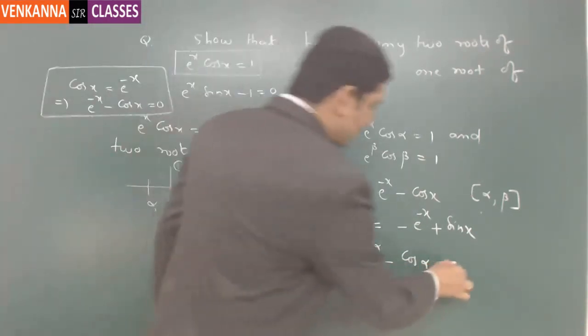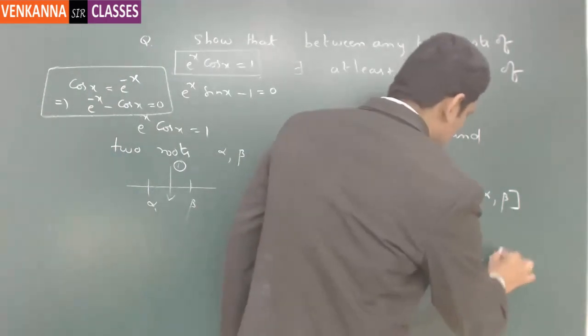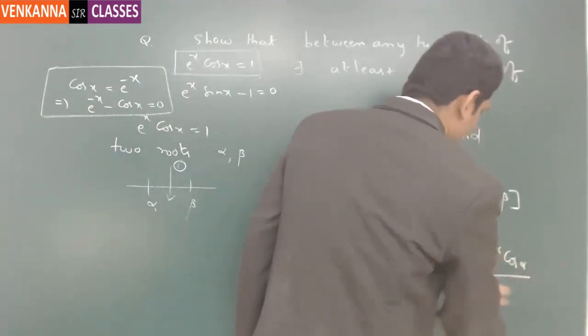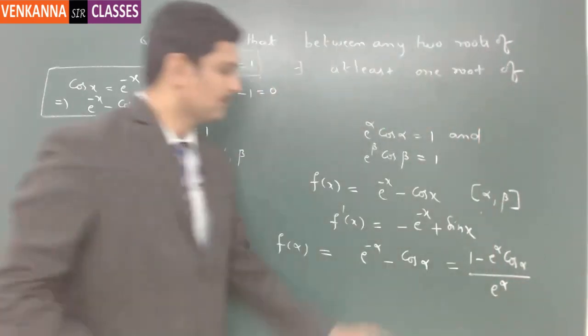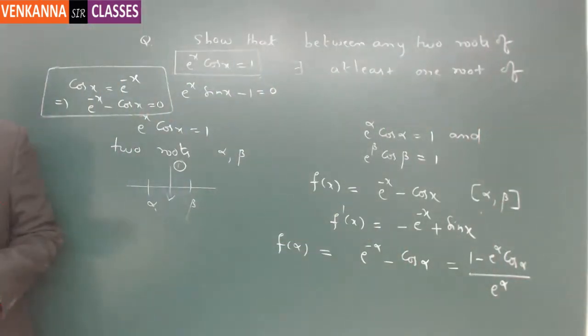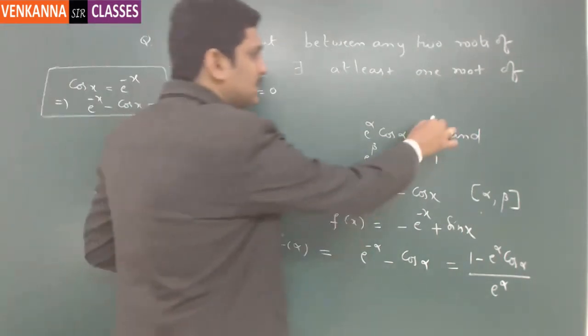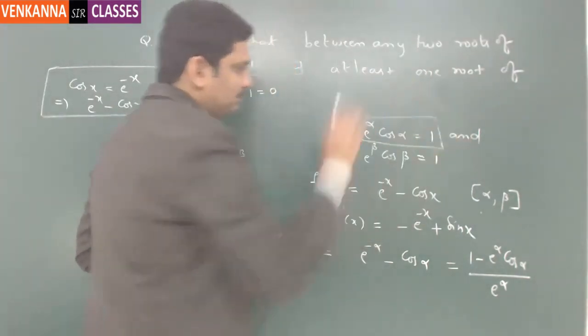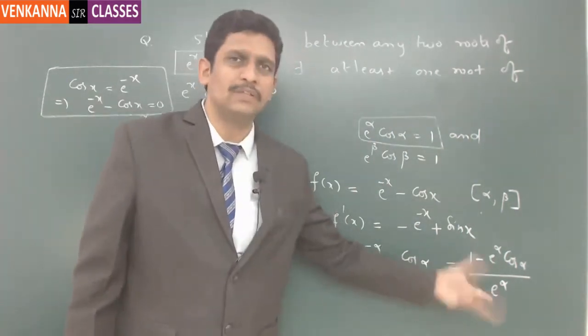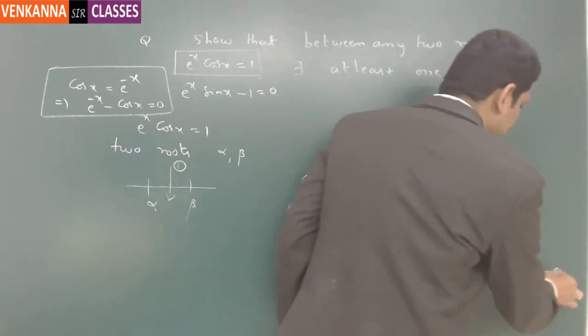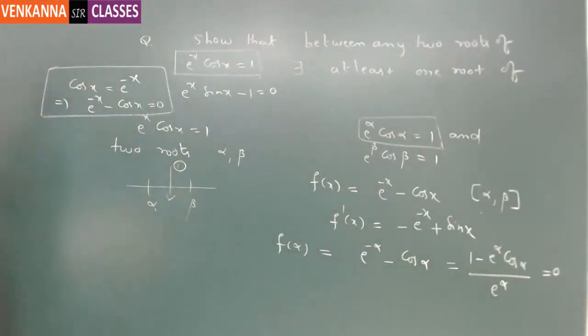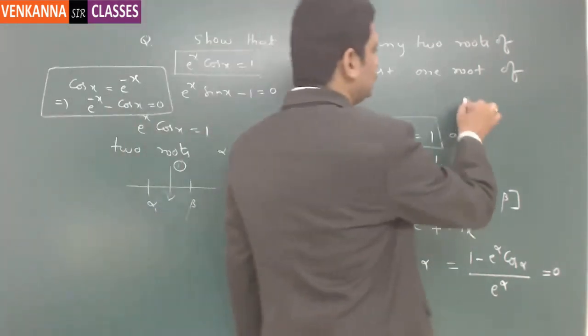So it can be written as 1 minus e power alpha into cos alpha by e power alpha, multiplying and dividing with e power alpha. Since this value is equal to 1, in the numerator you have 0 by something, so the value will be equal to 0. Agreed? In the same manner, if we calculate f of beta, its value is also equal to 0. So you have f of alpha is equal to f of beta is satisfied.